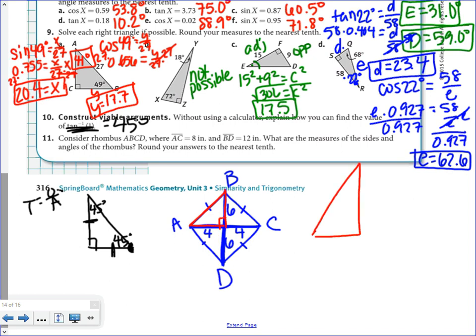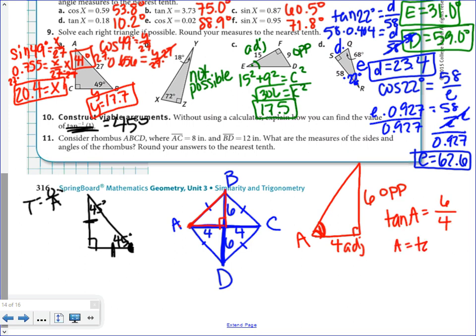Basically, what I need to do is find my angles. So I'm going to call this angle A. It's not angle A, but I'm just going to keep it since A is right here. So if I'm looking for this angle here, this is my opposite, and this is my adjacent. So using trig, I'm going to say tangent of angle A is 6 over 4, opposite over adjacent.